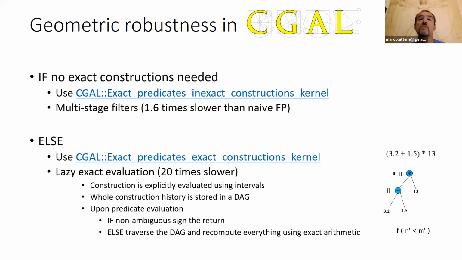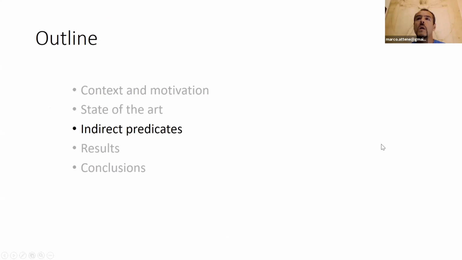This approach is relatively efficient, but requires storing the whole history of the construction for each eventual exact re-evaluation. And this has, of course, a cost. So the concept of indirect predicates I am presenting today allows to fully exploit the floating point efficiency, even when intermediate constructions are called into play.